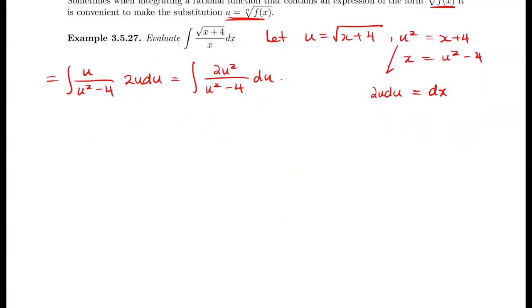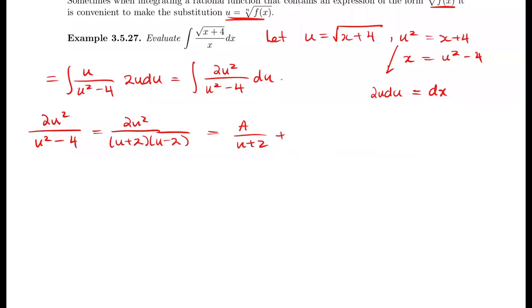So note that here, 2u squared divided by u squared minus 4 is equal to 2u squared over u plus 2 and u minus 2. Or that is equal to some a divided by u plus 2, and then plus some b divided by u minus 2. So we compare the coefficients once again.